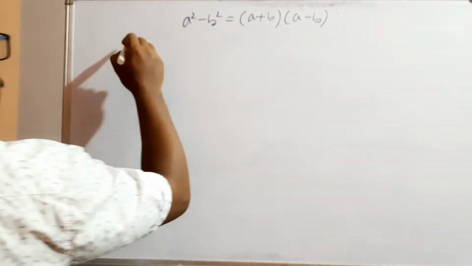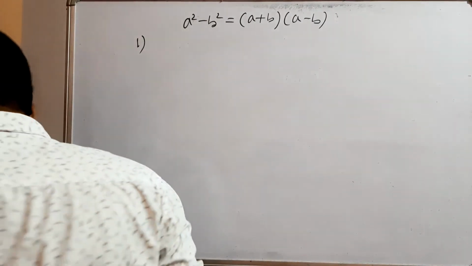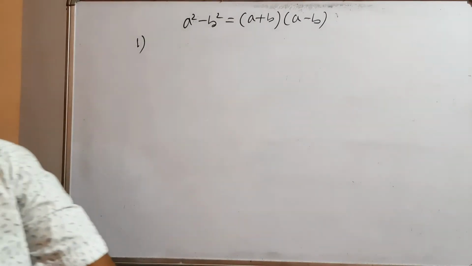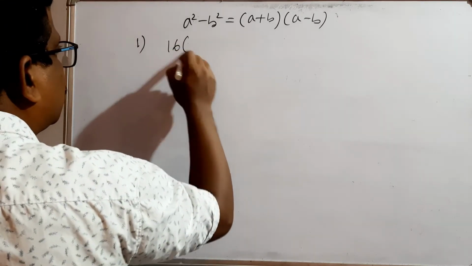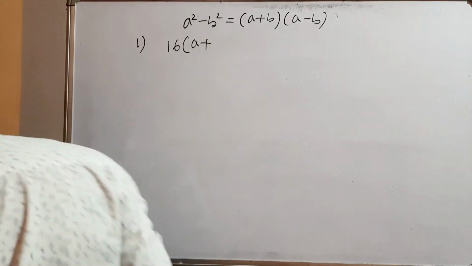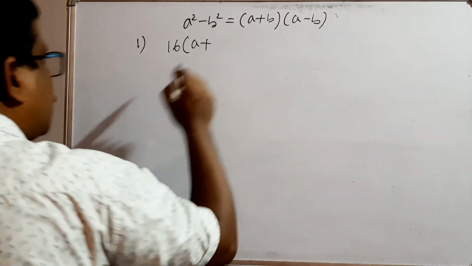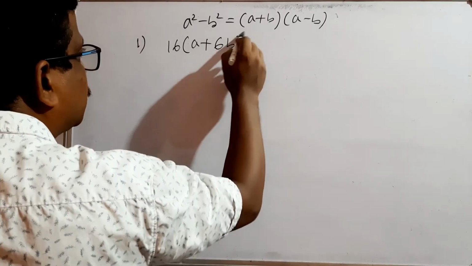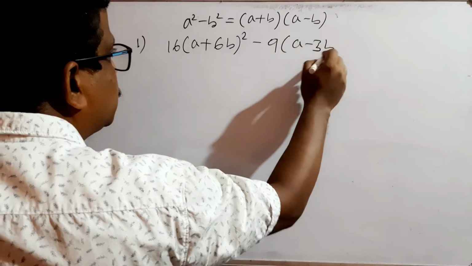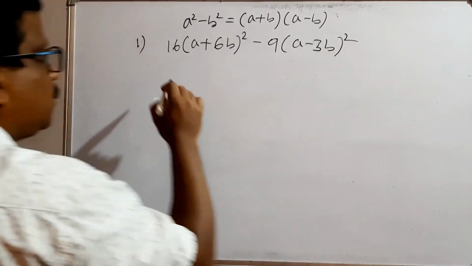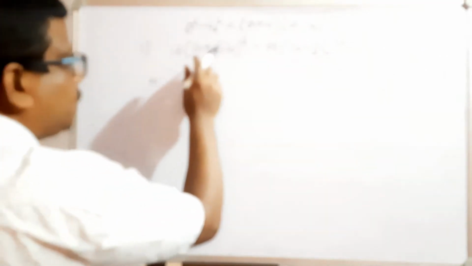So question number 1, you see. Given: 16 into a plus 6b whole square minus 9 into a minus 3b whole square. You bring it in the form of a square.